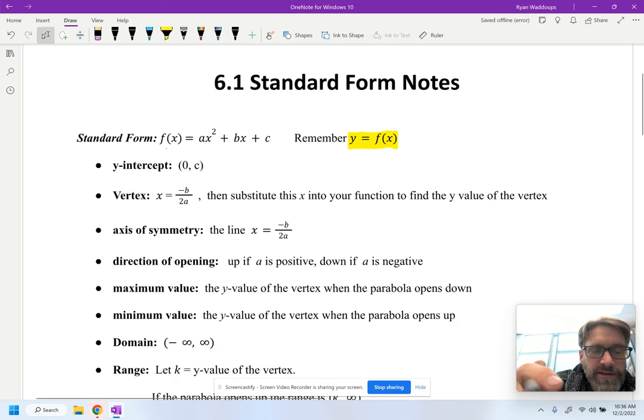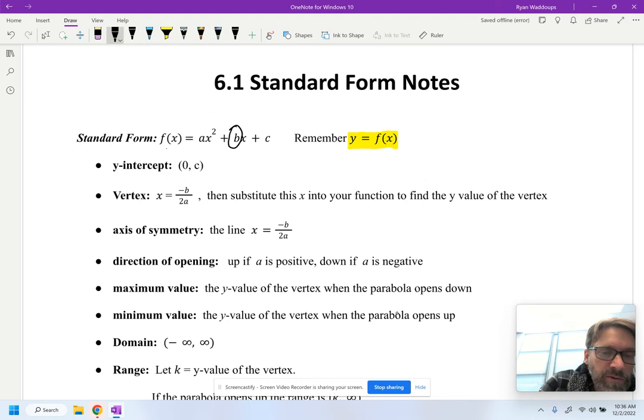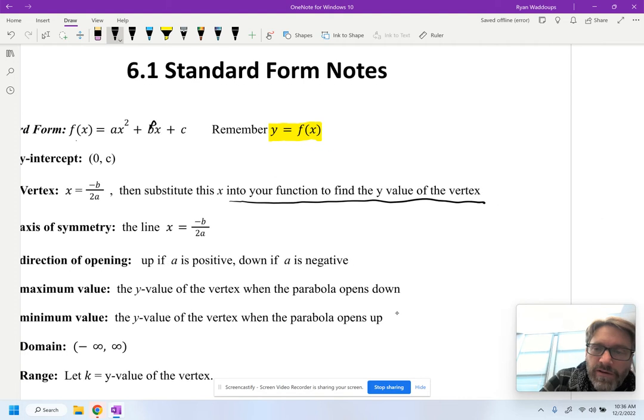So the vertex, x equals negative b over 2a. We take the b value, negative, the opposite of that b value, and divide it by 2 times the coefficient a. And then we substitute this into your function to find the y value of the vertex. Now, the vertex of your parabola is the bottommost point.